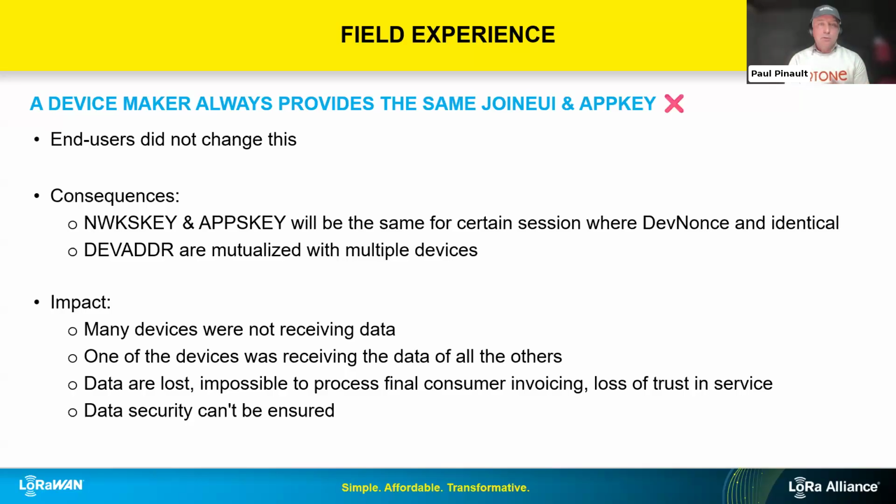So at the end, for my customer, there were like 100 devices with no data and one device receiving all the data. I don't know how we can make the invoice of water, because it was in this domain, with such a situation. So everything broke the business objective of the device, just because they did not care about the credentials. We can go to the next slide.